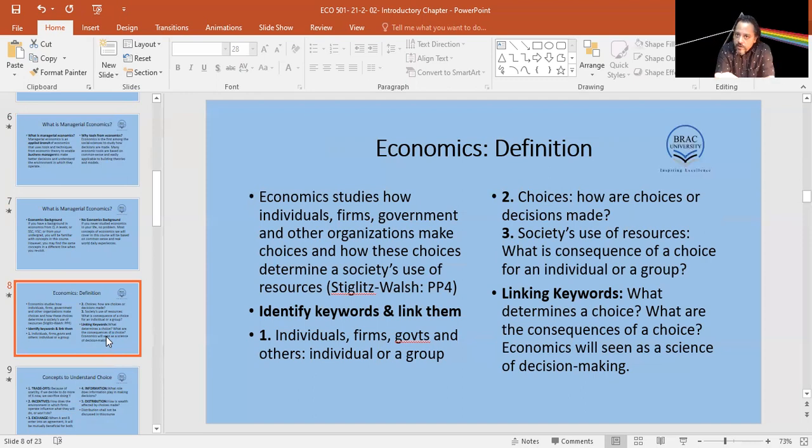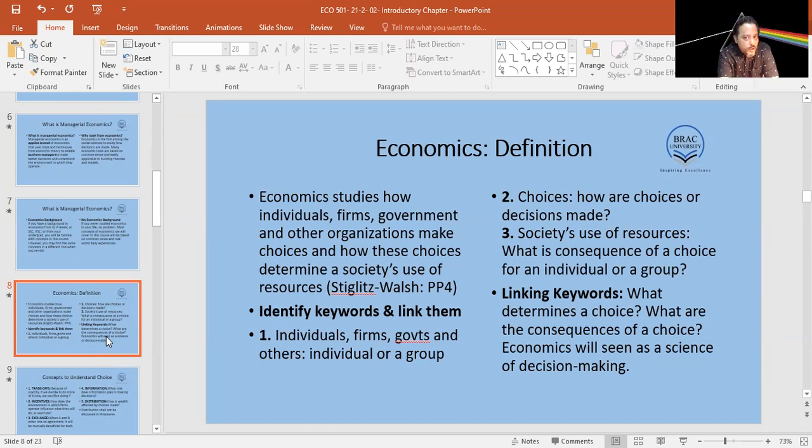So let's look at this definition. The first one is somebody is making a decision. Who are they? They could be individuals, they could be firms, they could be governments, they could be somebody else. So somebody, an individual or a group, is making a decision.